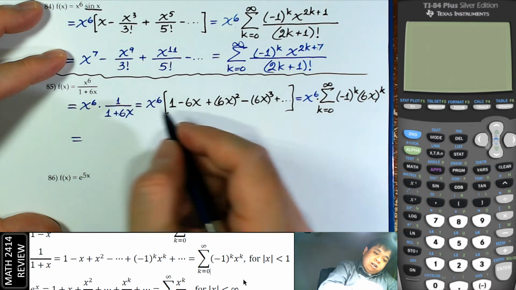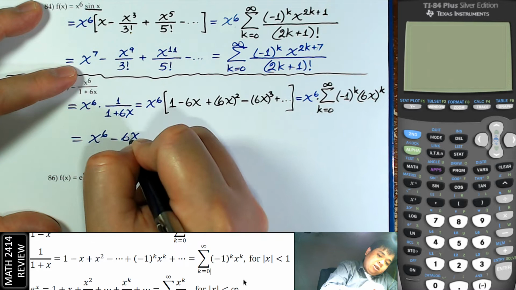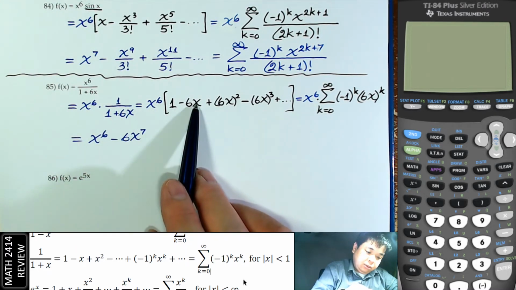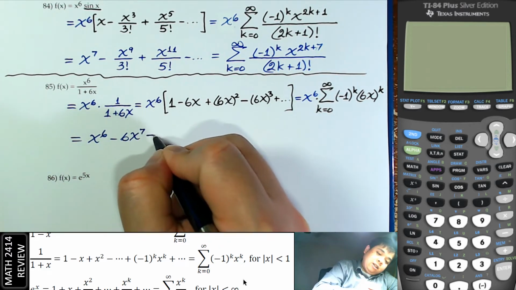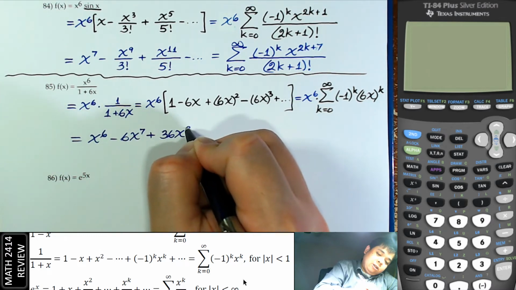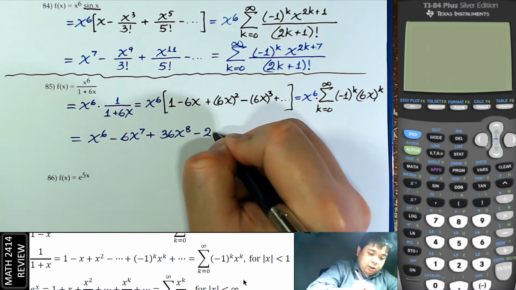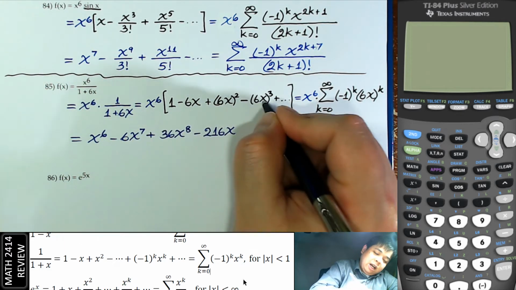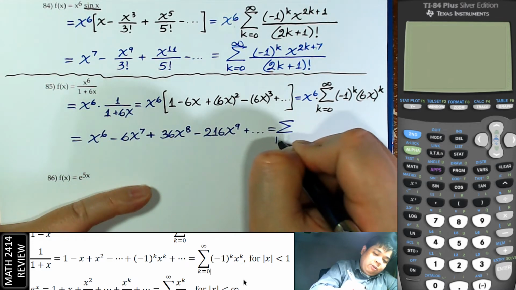And I just multiply this x to the 6 inside, x to the 6, 6x to the 7. This is 36x squared and x to the 8. And that to 216, x cubed and x to the 9. x cubed and x to the 6 is x to the 9. Or in summation form.